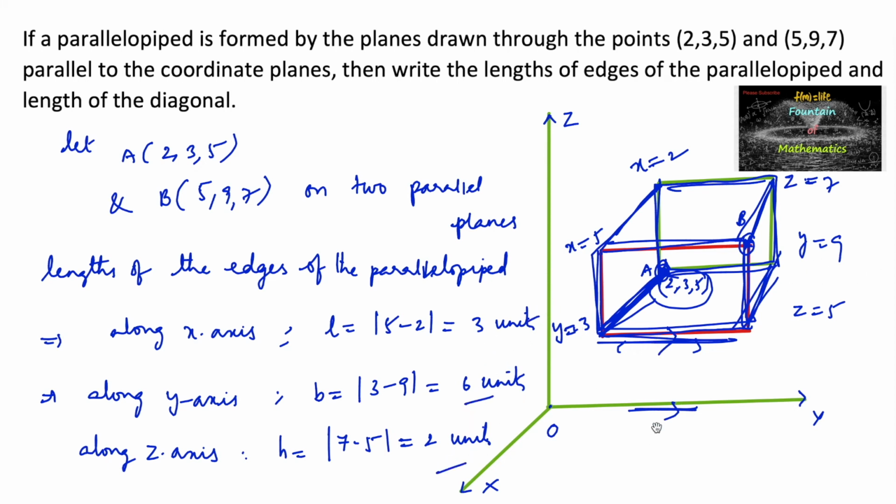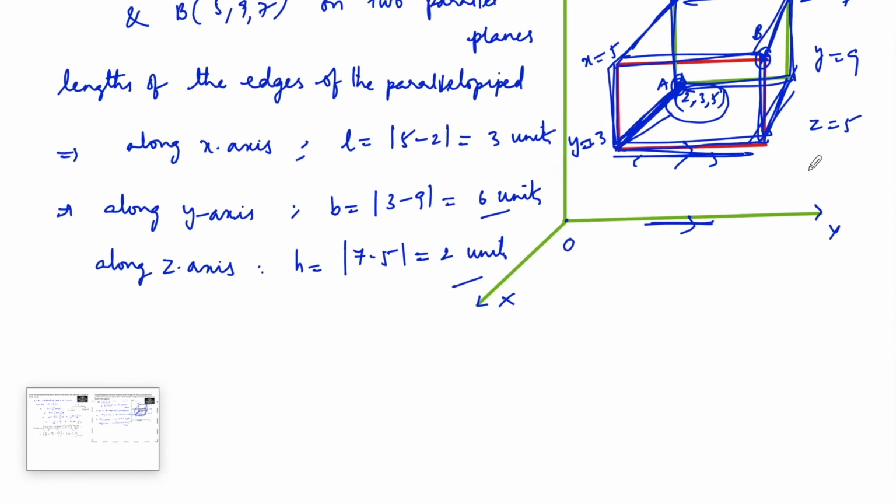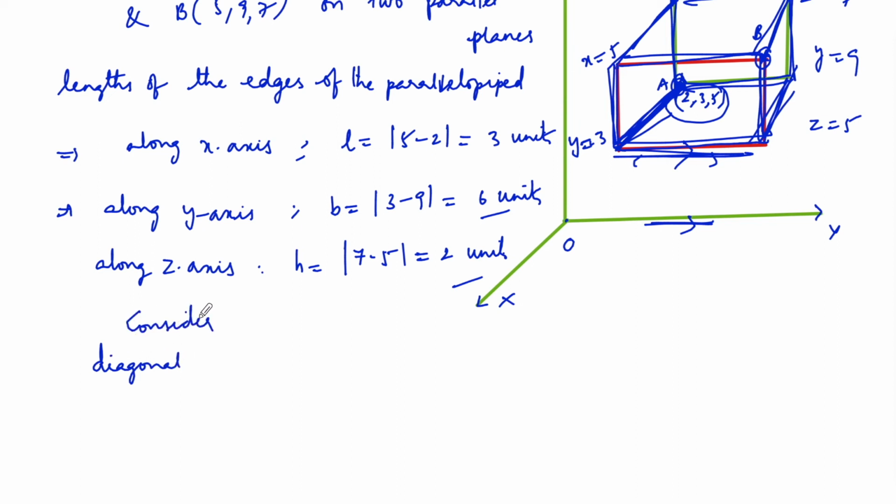And for the length of the diagonal, consider the diagonal AB, whose length is given by the distance formula: under root of (x2 minus x1) whole square plus (y2 minus y1) whole square plus (z2 minus z1) whole square.